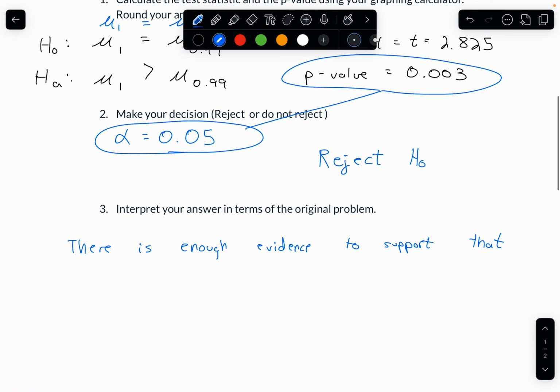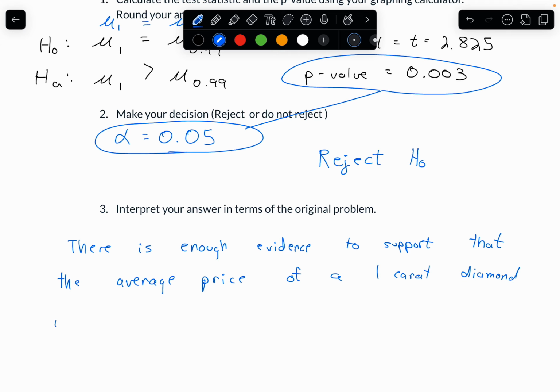So there is enough evidence to support that the average price of a 1-carat diamond is higher than the average price of a 0.99-carat diamond.